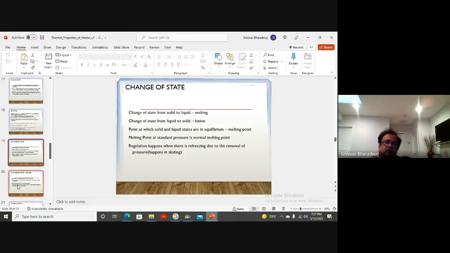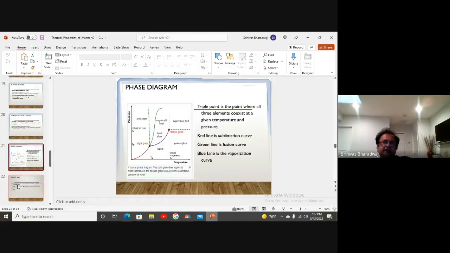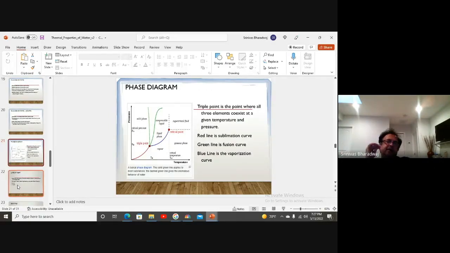You have these what are called state change diagrams, phase diagrams, right? So there is a triple point which happens at a particular pressure and temperature. A phase diagram shows behavior at different pressures and temperatures. At low pressure, things convert directly from vapor to solid.